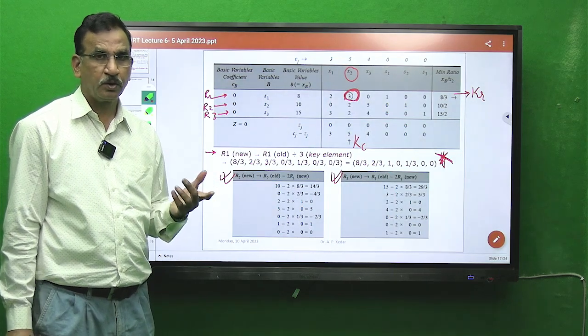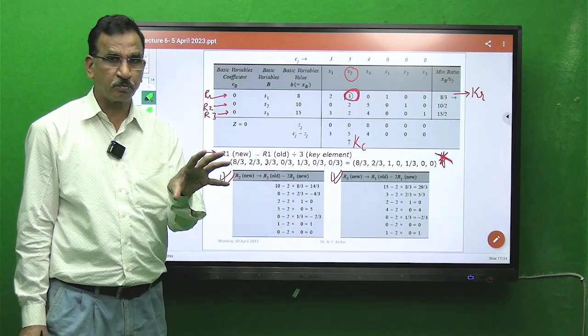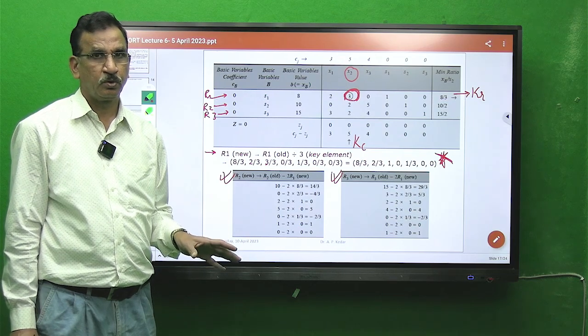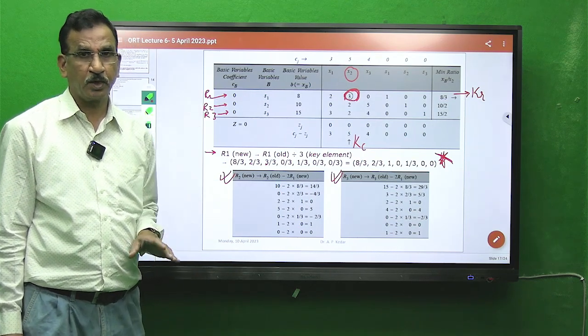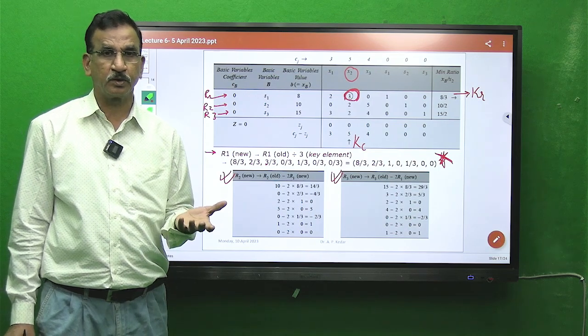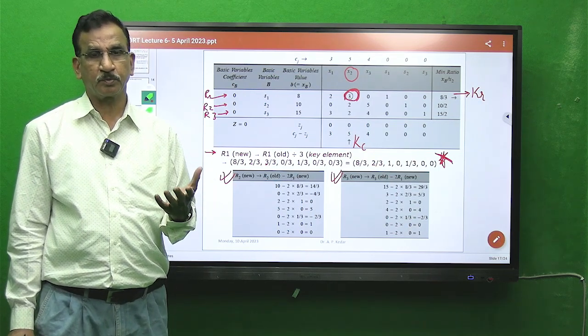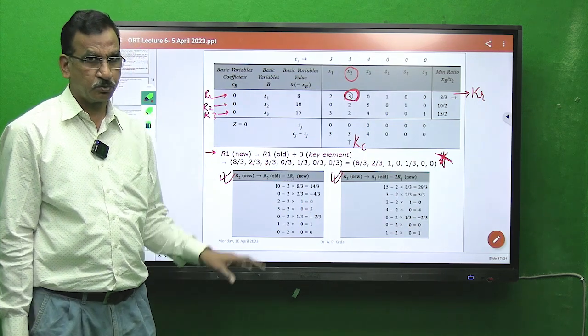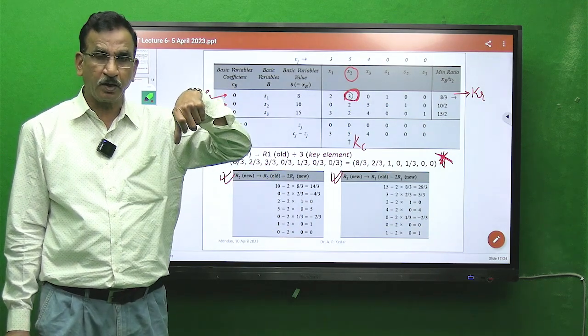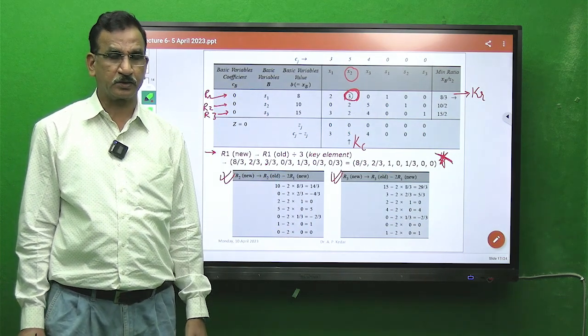If you recall, in the last lecture we have seen a formula, new row element is equal to, and I said I will apply this formula in the actual solving of the problem by the simplex method. So here I have applied that concept of the formula which we discussed in the last lecture.